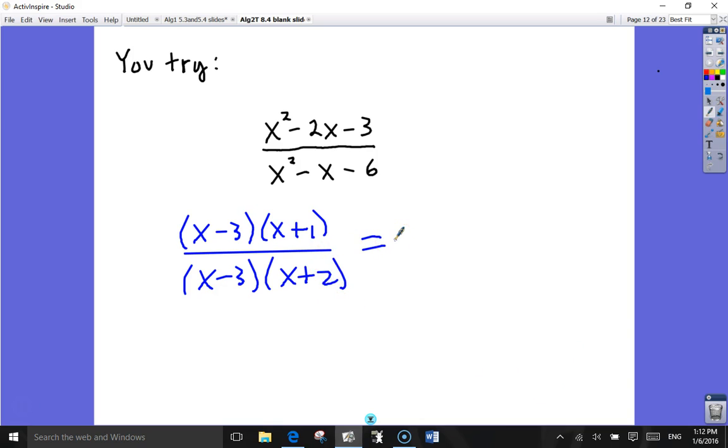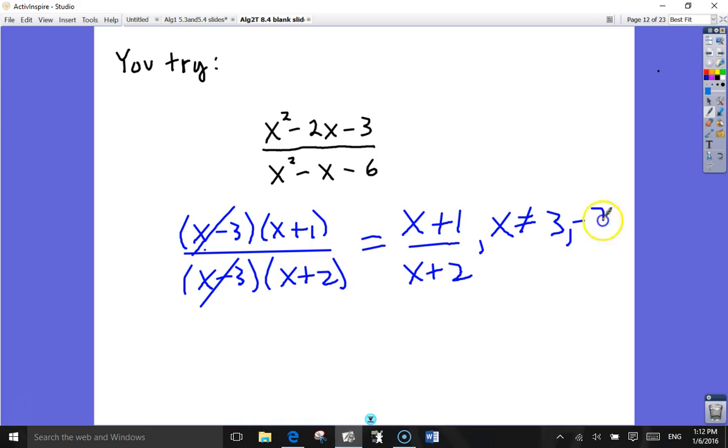Right? What's the common factor? X minus 3. So this is x plus 1 divided by x plus 2. And x does not equal 3 or -2. Right? Those are coming from there.